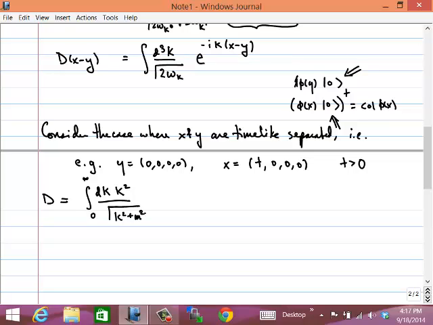I'm going to leave out the factor of 2 because at the end of the day, I only want to calculate the qualitative behavior of this. And then you have an e to the minus i square root of k squared plus m squared, where k is, of course, the k vector squared. So that's what we call omega t.